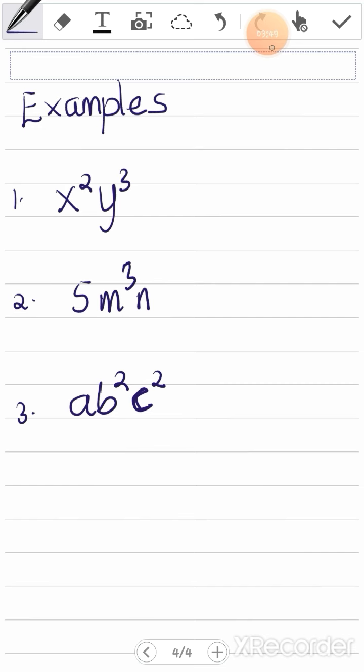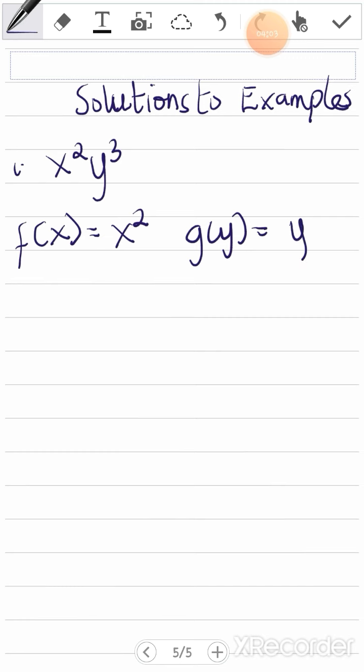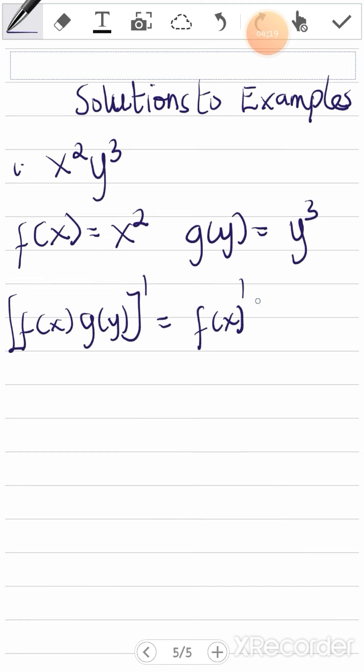Alright, so we are going to solve it. We are solving the first one. You can represent f of x to be x squared, then g of y to be y to the power 3. From the formula that I gave you in the previous slides, this is f of x differentiated times g of y plus g of y differentiated times f of x.